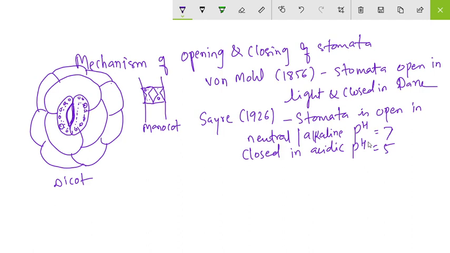And even in the dark, when the pH of the guard cell is neutral or alkaline, the stomata open.